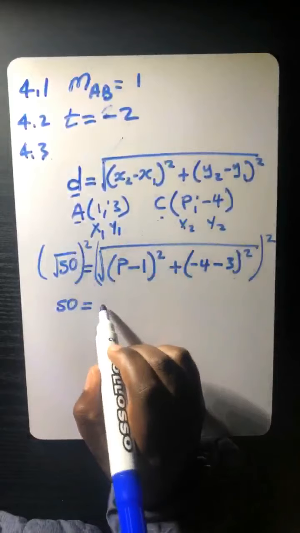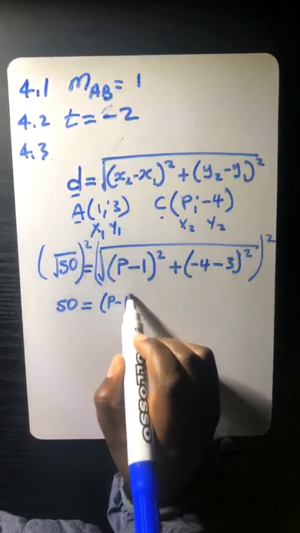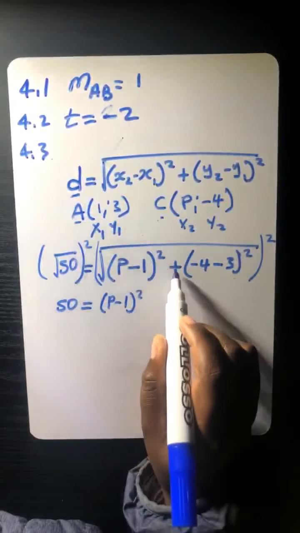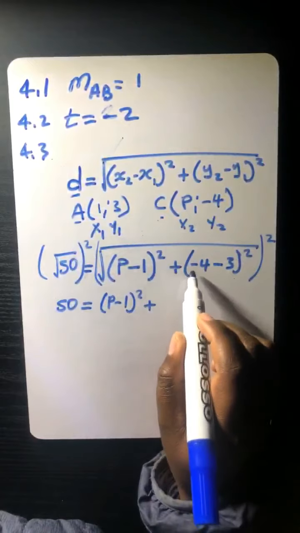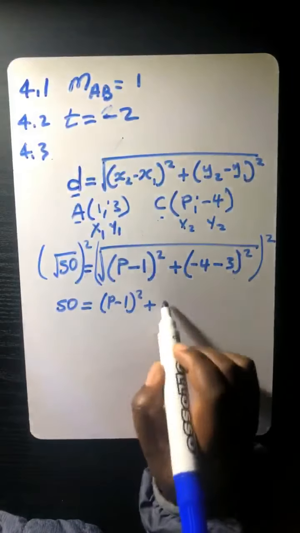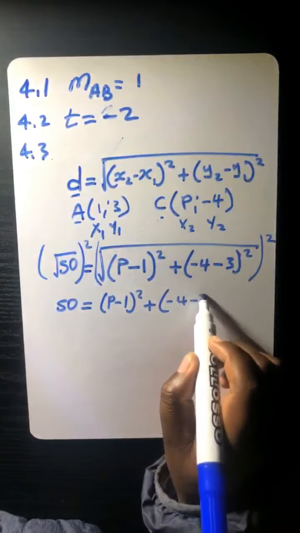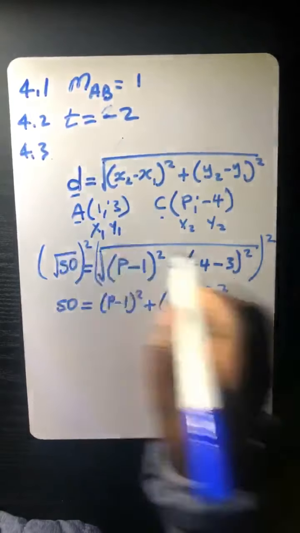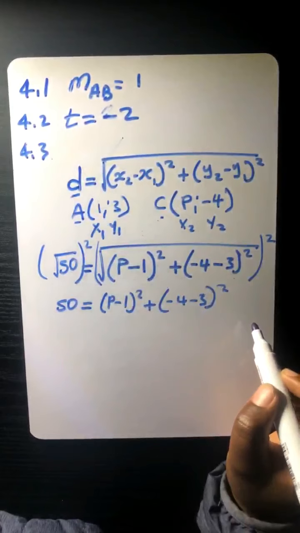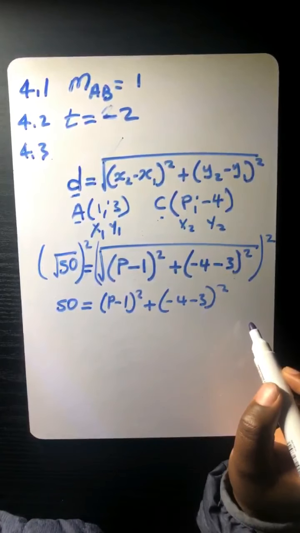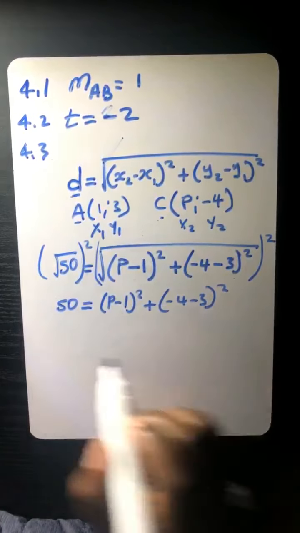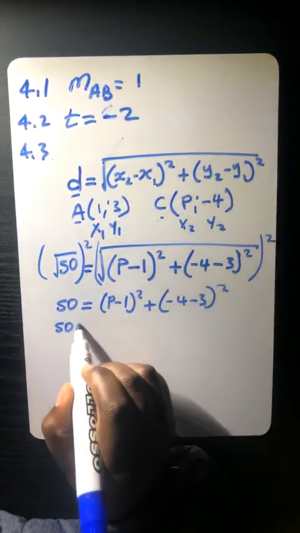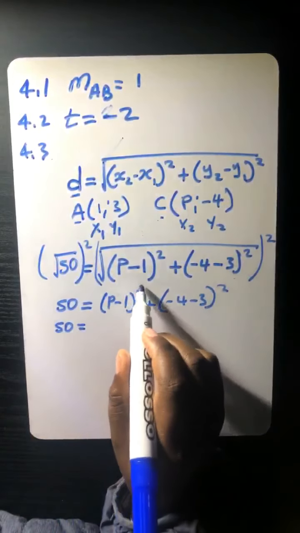On the other side, squaring is going to remove that square root, and you remain with (P minus 1) squared plus, what is this? That is (-4 minus 3) squared. You just write everything as it is, but without a square root. So that's how you remove the square root. From there, it's just a matter of simplifying. So we've got 50 being equal to that squared.